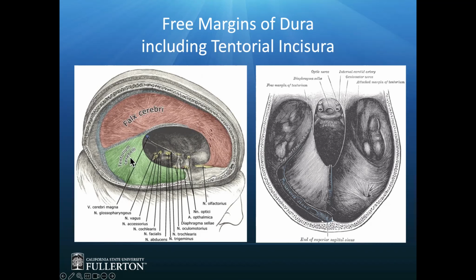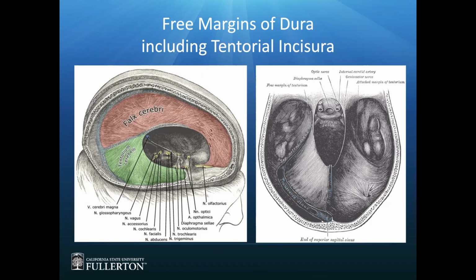And so here we've got the tentorium cerebelli, and here's its edge. Again, a tough edge. And it more or less wraps around the midbrain. There's not a whole lot of space in there. This little opening through which the midbrain travels, brainstem's below, cerebrum's above, is referred to as the tentorial notch.